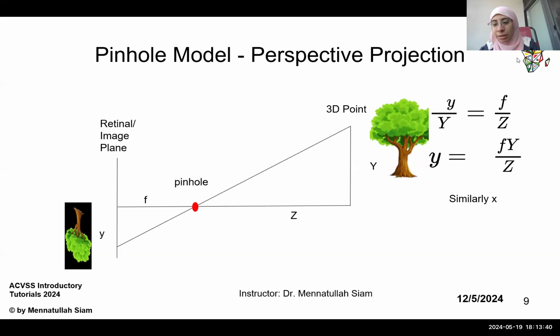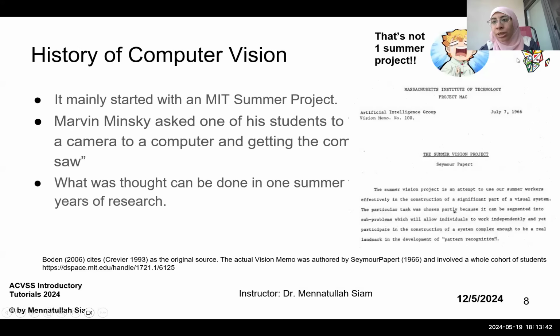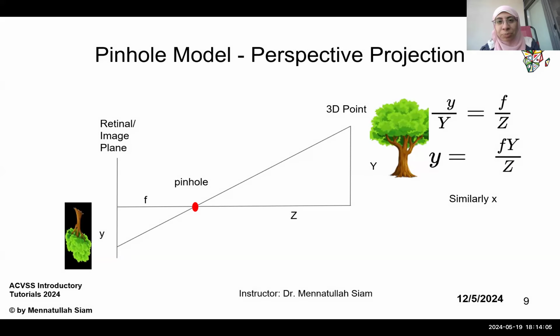It eventually ended up being more than 50 years now of computer vision research, including multiple tasks from 3D reconstruction to recognition to segmentation. But yeah, that's how you would say the initial start of computer vision research.